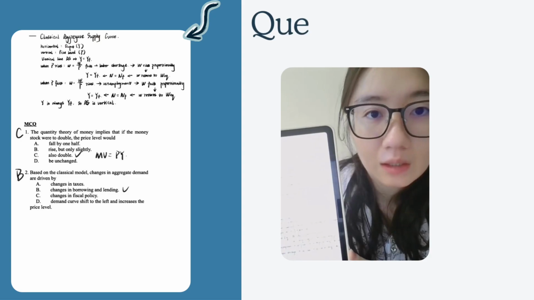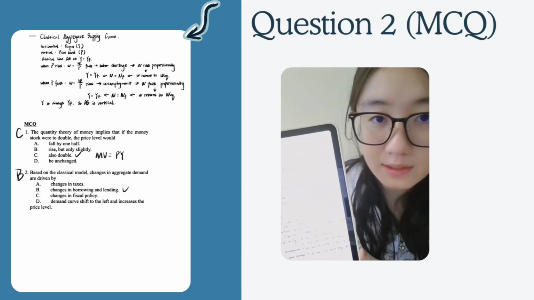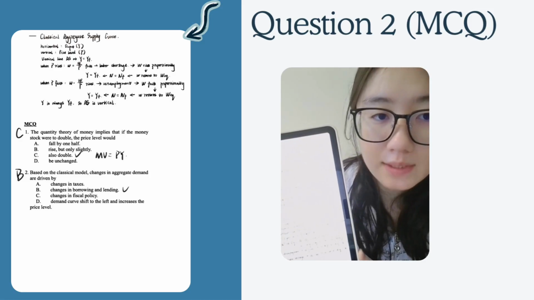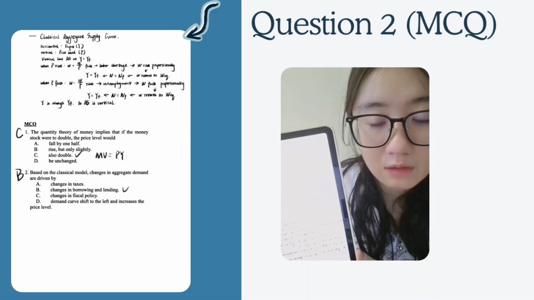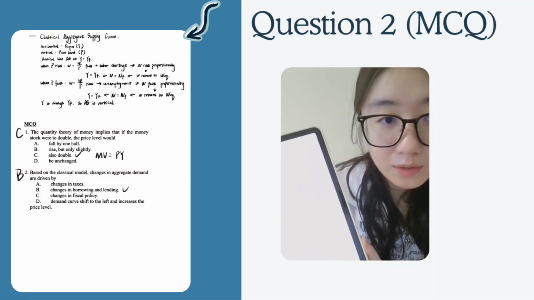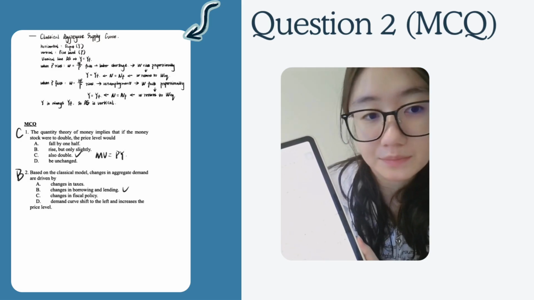Okay, so about question 2, which asks us to derive the classical aggregate supply curve using the labor market. We start with the labor market, which is based on two key ideas. Nominal wages are flexible and everyone has the same information.